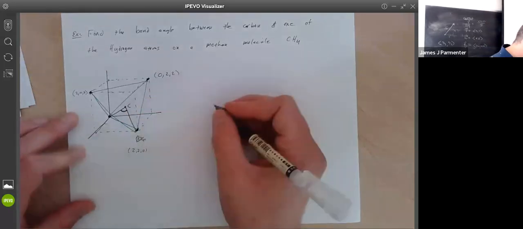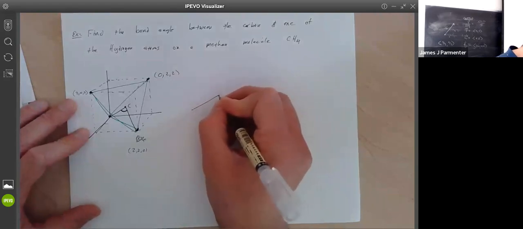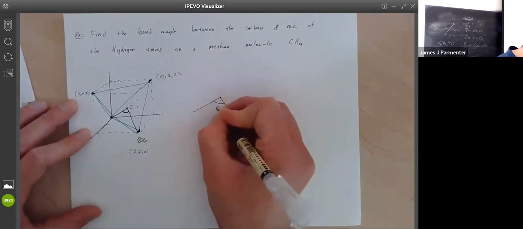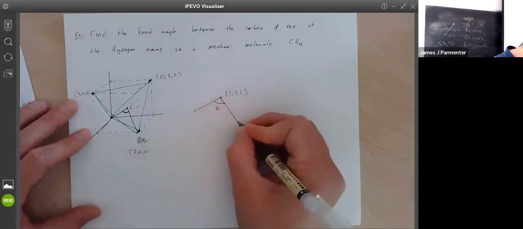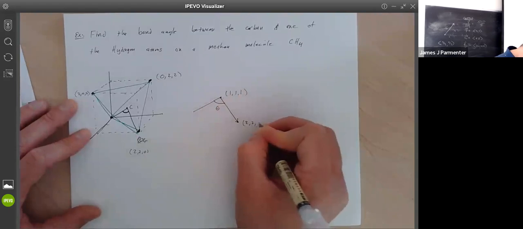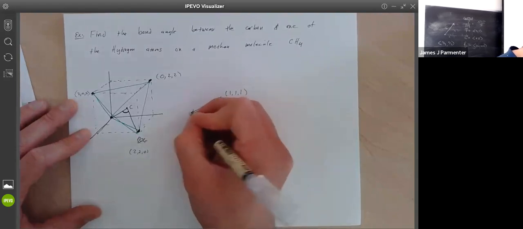Neat. So here's what we've actually got. We're trying to find this angle. That point there is 1, 1, 1. That point there is 2, 2, 0. And that point there is the origin.